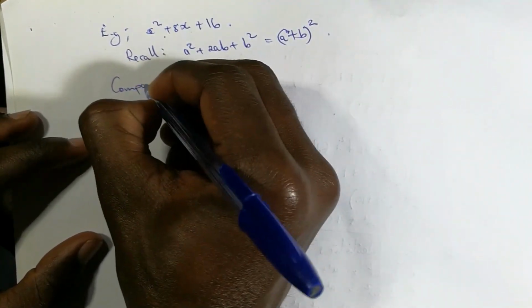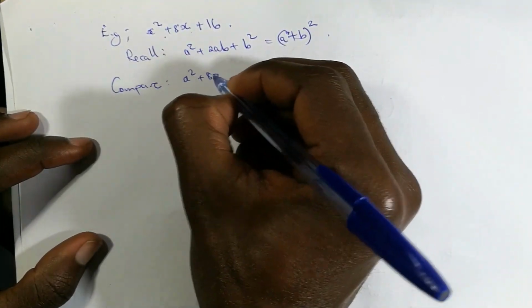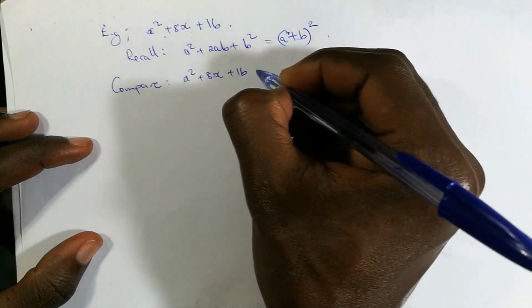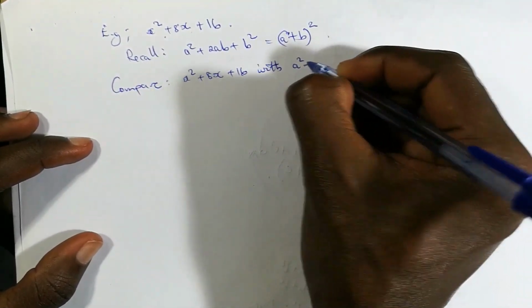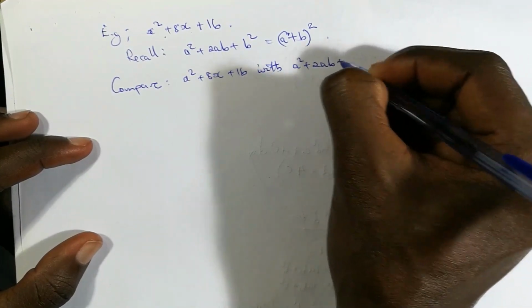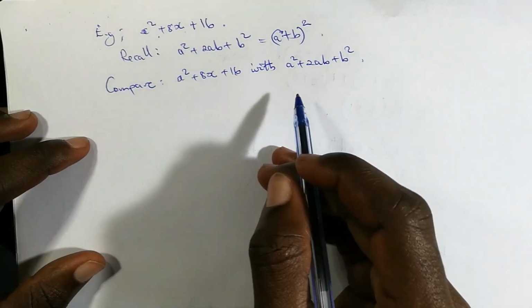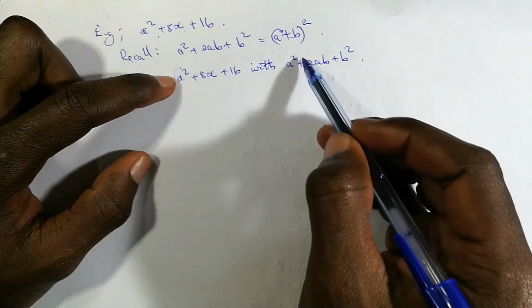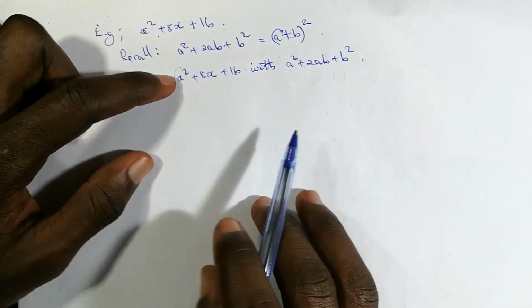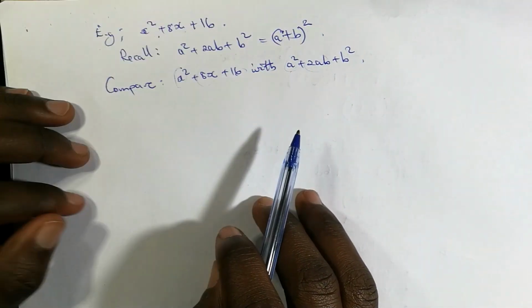Let's compare x squared plus 8x plus 16 with a squared plus 2ab plus b squared, where we have three terms adding up together in these two different expressions.